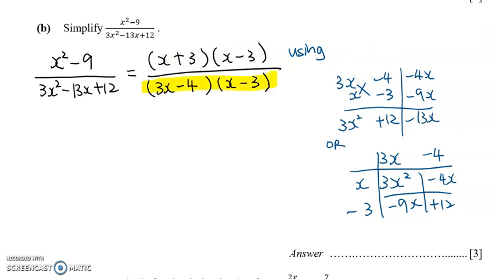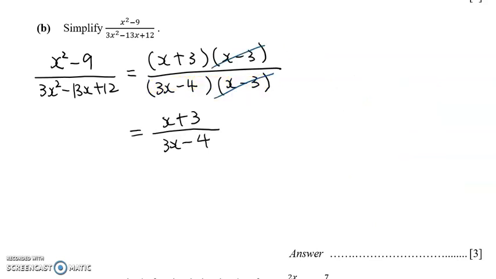For the denominator, we can factorize using either the cross method or the multiplication frame as well. Then we can simplify to get x plus 3 over 3x minus 4.